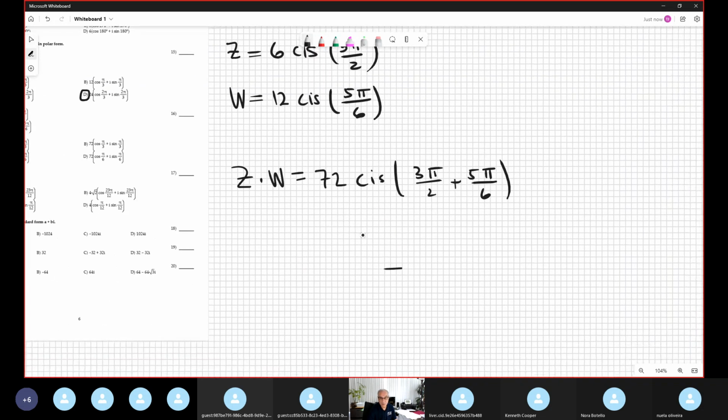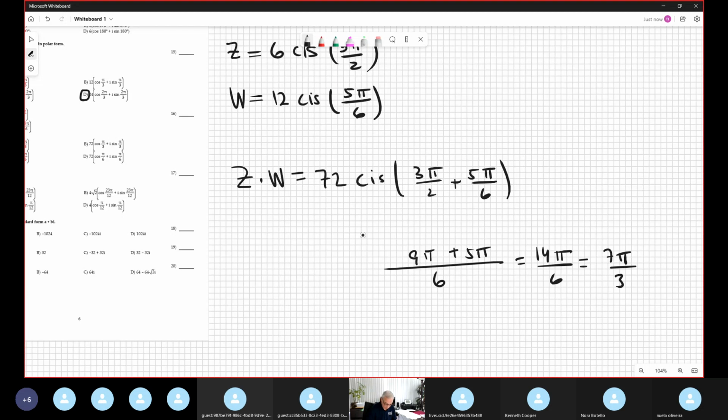The least common denominator is obviously 6. 6 divided by 2 is 3, 3 times 3 is 9 pi, plus 5 pi, because it's the same denominator, that's 14 pi over 6. We can reduce by dividing by 2: 7 pi over 3.